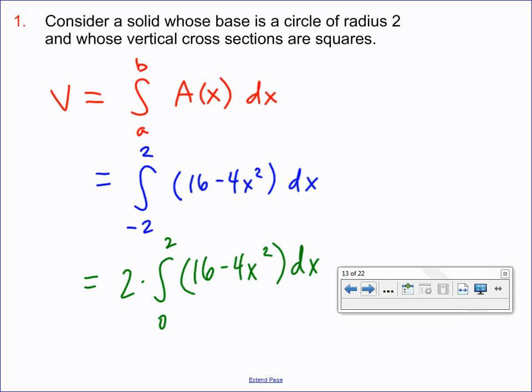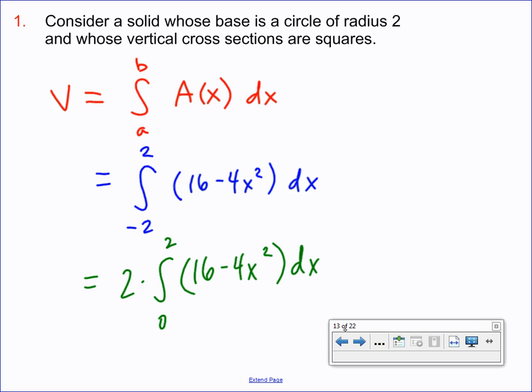All right. Here we go. Let's find an antiderivative for 16 minus 4x squared. Well, we can do that. Easy cheesy. That'll be 16x and then minus 4/3 x cubed.